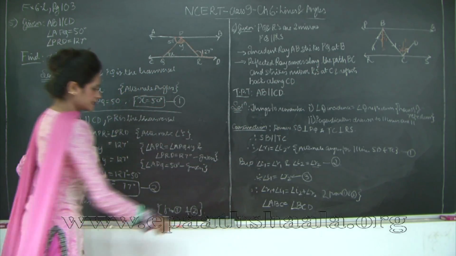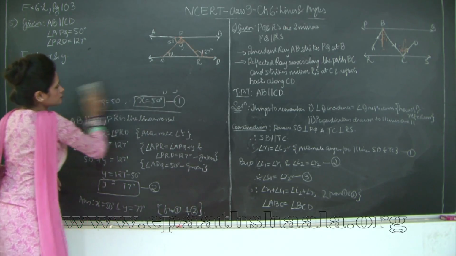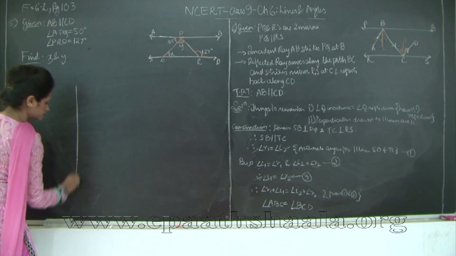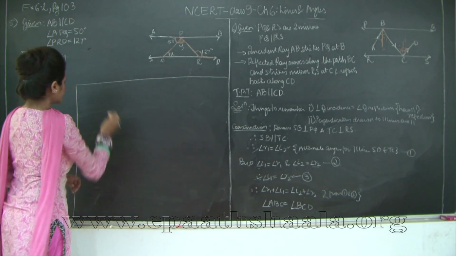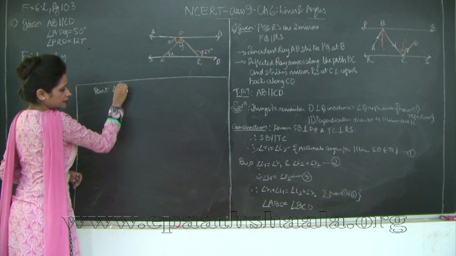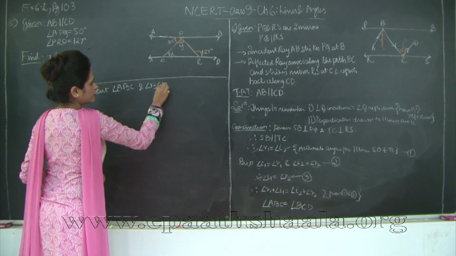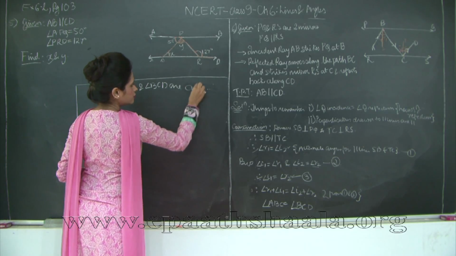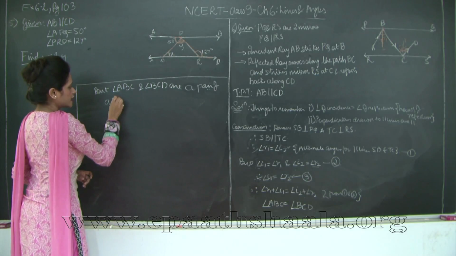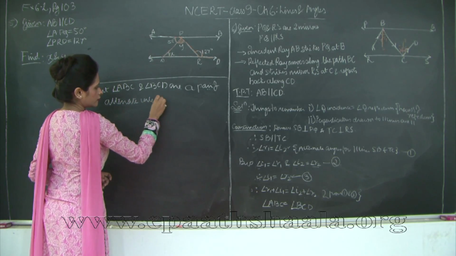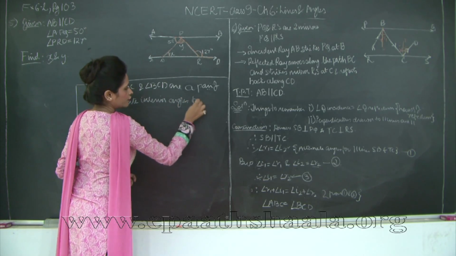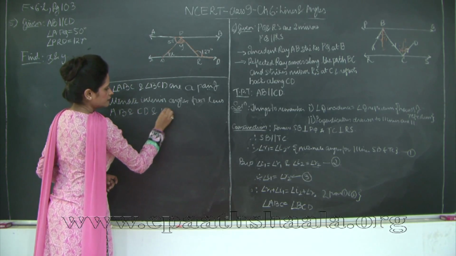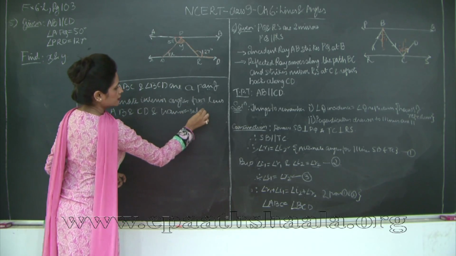We do not have much space, so I am just erasing this section over here. But angle ABC and angle BCD are a pair of alternate interior angles for lines AB and CD and transversal BC, correct?